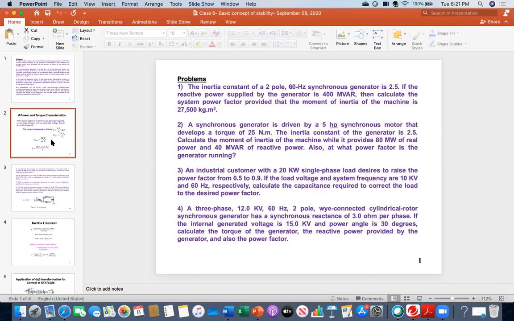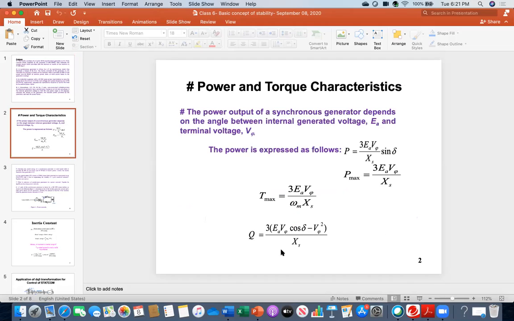Therefore, look once again at the Q equation. Did you multiply by 3? Yes, sir. And then in parentheses, EA V phase cos delta, minus V phase squared. V squared is 12 over root 3 kV, then squared, and the number is 48.